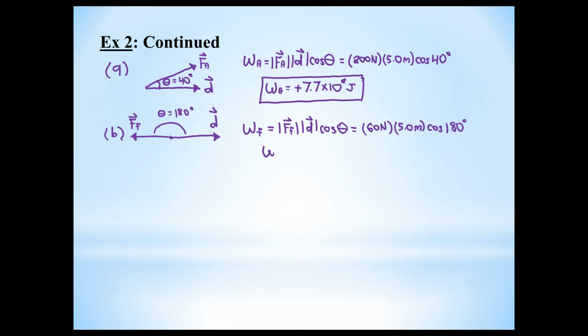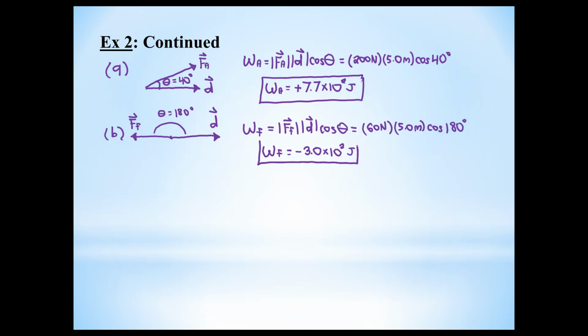Cosine of 180 is negative, so you just go 60 times 5, which would be 300. To two significant digits, this becomes negative 3.0 times 10 squared joules.